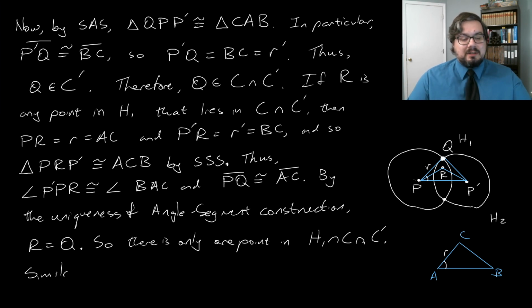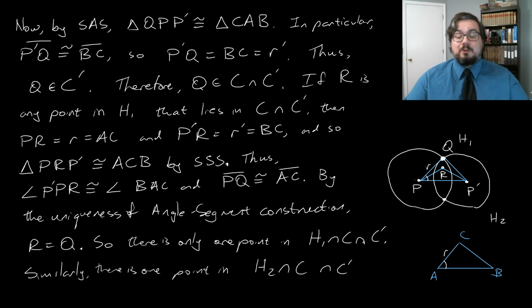And then similarly, there is one point in H2 intersect C prime. We're just going to construct a copy of the triangle ABC on the bottom half of the diagram rather than the top.